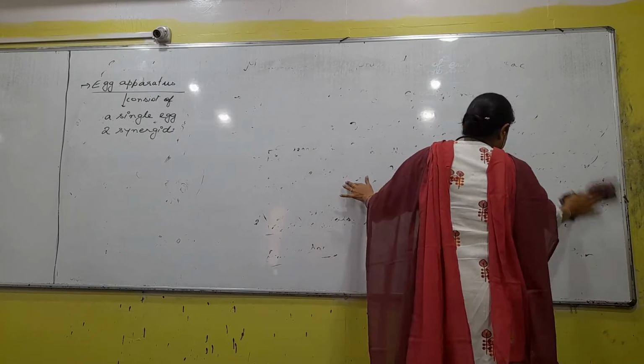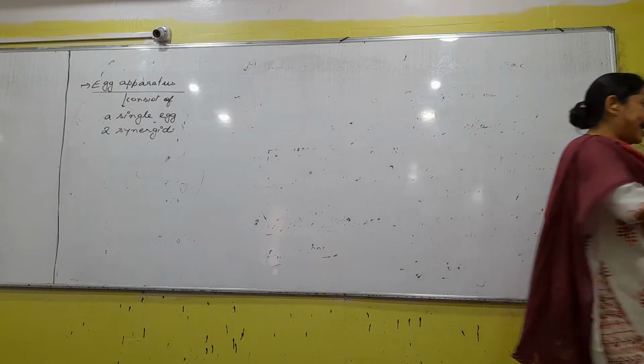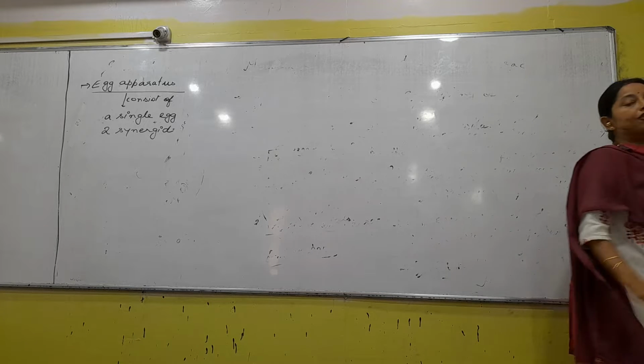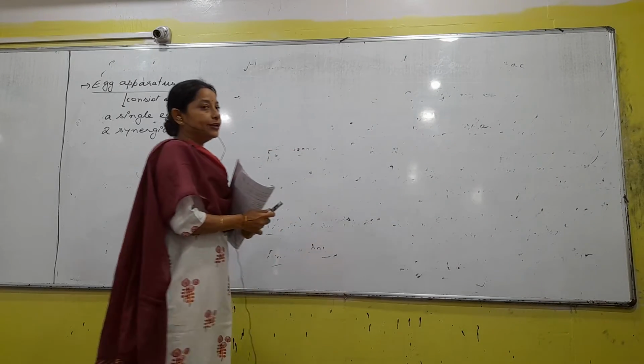Next, the 7-celled 8-nucleate structure, open in detail. So write single egg. What is the other name for an egg?